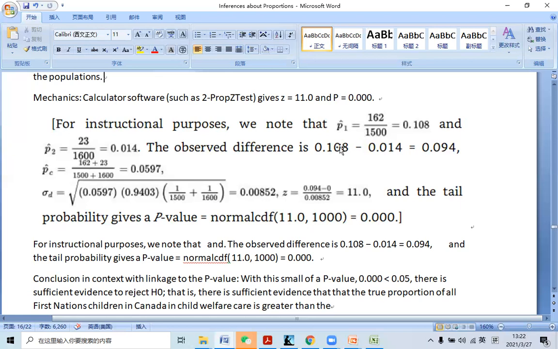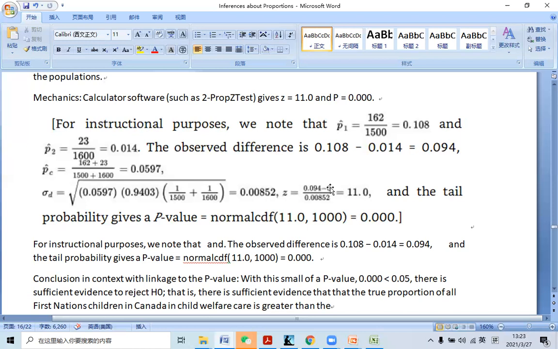Aboriginal kids, 10% on welfare. Non-Aboriginal kids, like 1.4%. The difference is 9.4%. And what is the zero? The zero is according to the null hypothesis. According to the null hypothesis, there should be zero difference between the two proportions. They should be equal to each other.